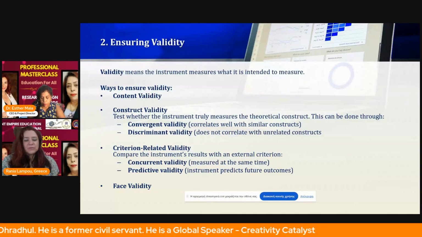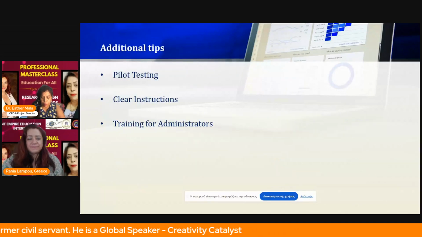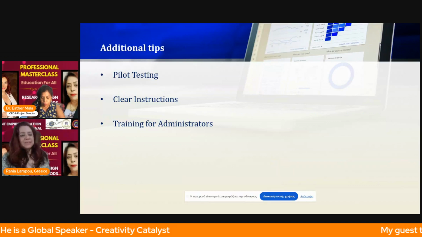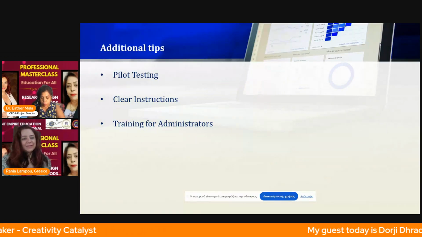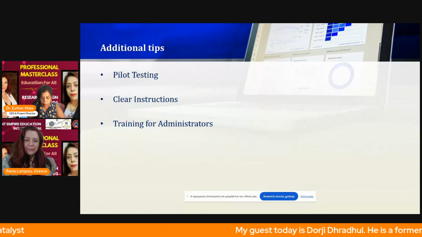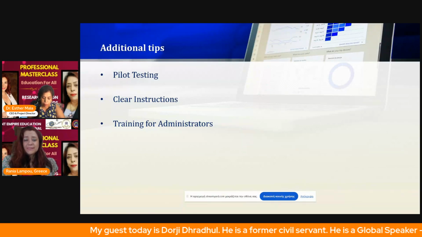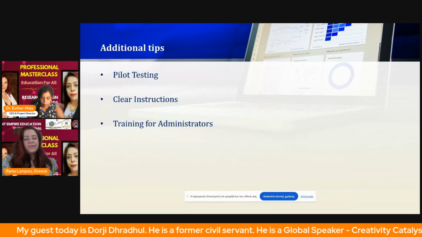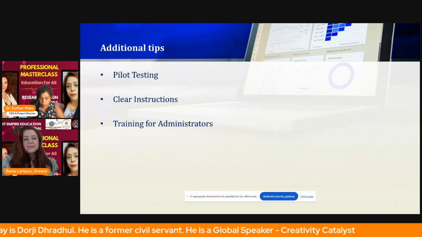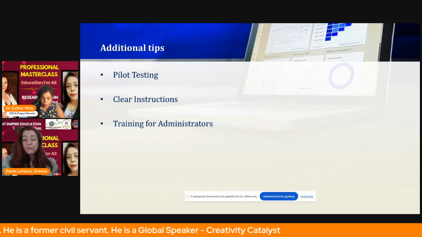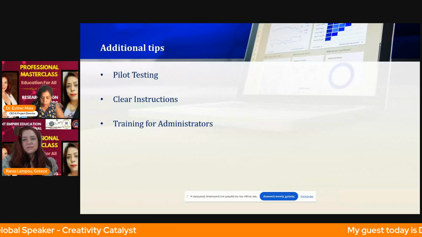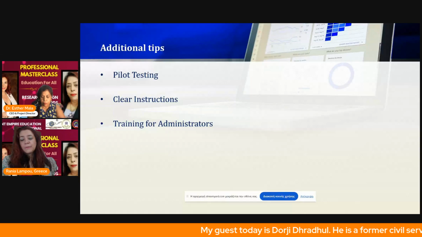So some additional tips: for pilot testing, you need to always conduct a small-scale study to test the instrument's clarity, timing, and functionality. So pilot testing is crucial. Then provide precise and understandable instructions to avoid confusion, so clear instructions, and ensure consistency in how the instrument is administered, so training for administrators.